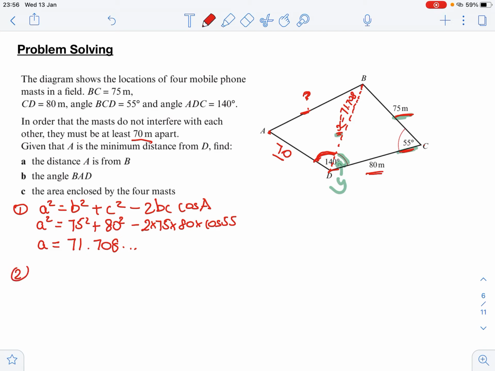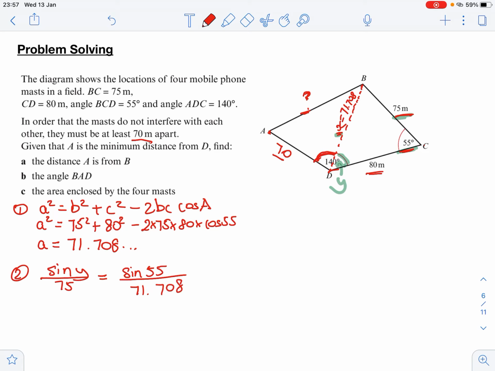So step 2, use your sine rule to help you find this angle y. So sin y over 75 is equal to sin 55 over 71.708.